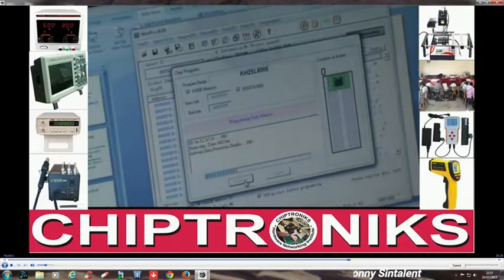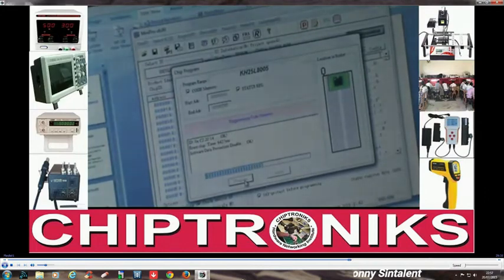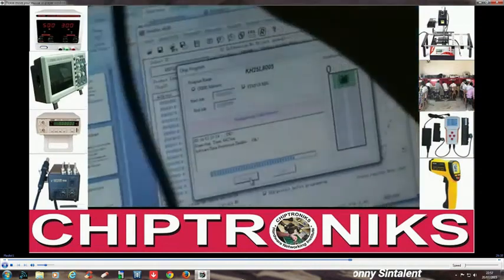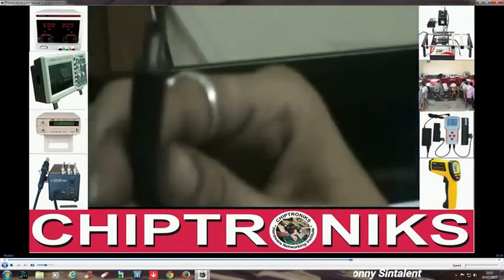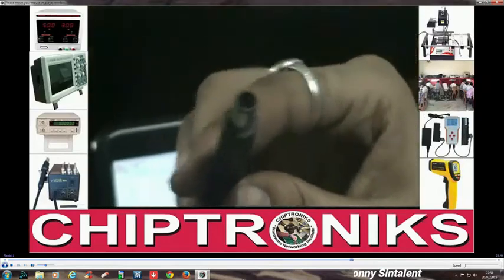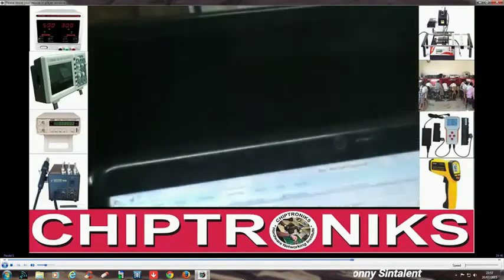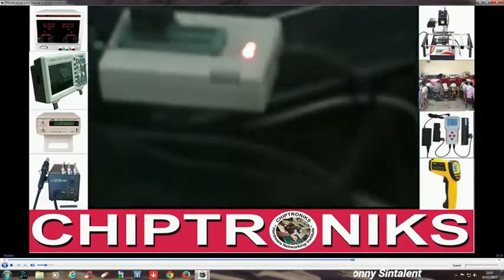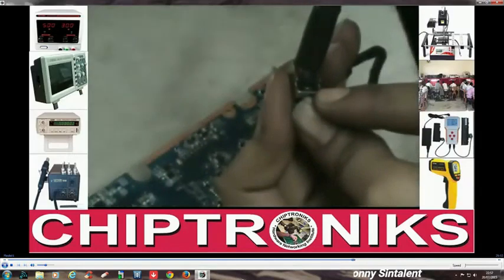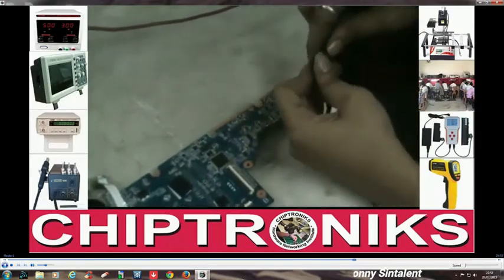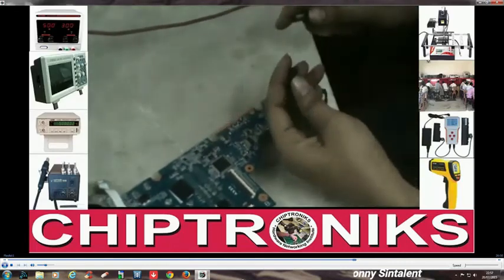One more thing, I'll tell you this. When you check Dell and HP, which use this type of connector, which have an adapter detection signal, when you plug here, one light glows over here. It means your BIOS is working fine.